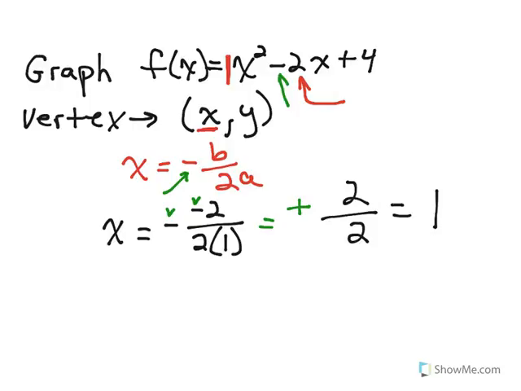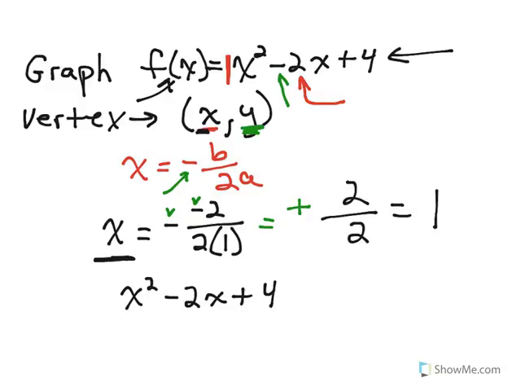So now that we found the x value of the coordinates, we need to find the y value of the coordinates. To find y, we take our original equation, x squared minus 2x plus 4, and the f of x represents y, so we're just going to replace that with y.